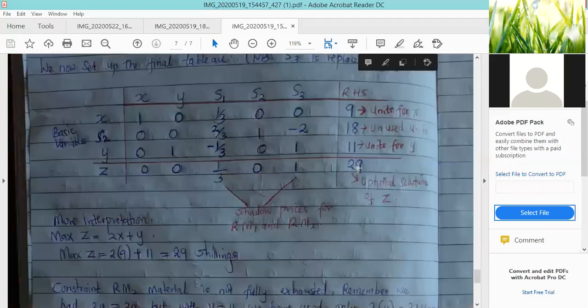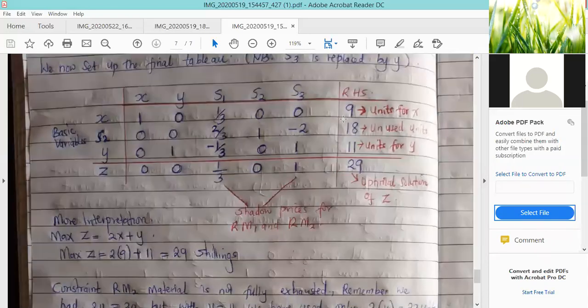Then how do I answer the question in regard to my decision variables? The x will be equivalent to, you can see the value 9 on the right-hand side. What is the y units? This is again equivalent to 11 units here. So you just come and say your decision variable is sitting row-wise and its value will be read on the column, the right-hand side value.